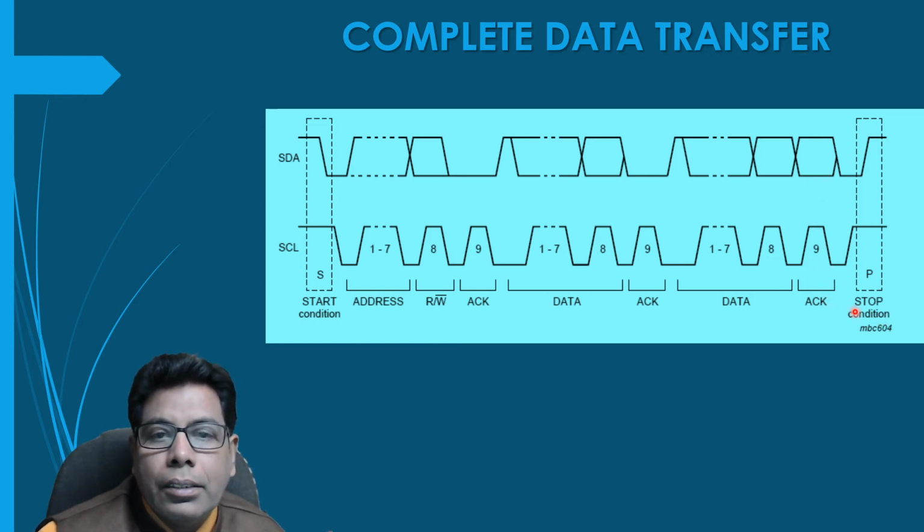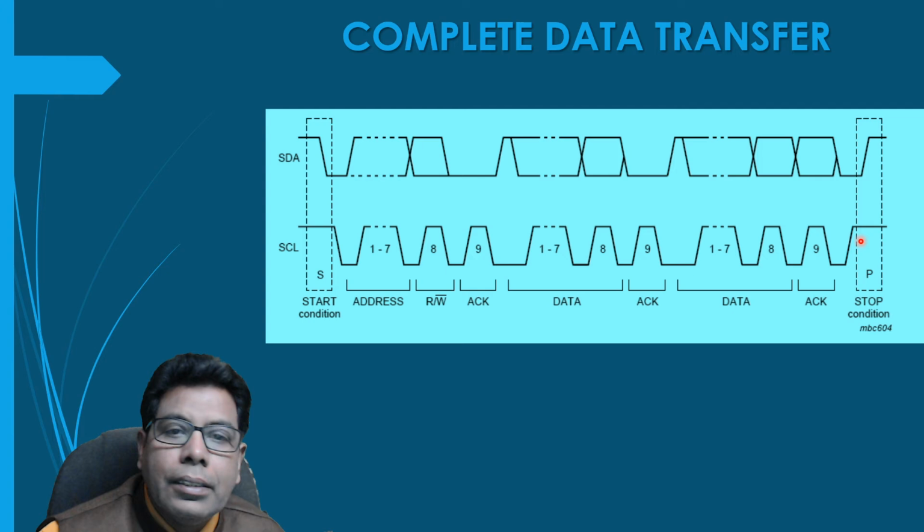And then the stop condition, here it is just reverse. So a low to high transition of the serial data line, when the serial clock is high, is the stop condition P. When this is achieved, the data transfer is completed.